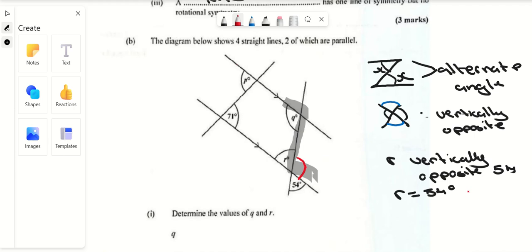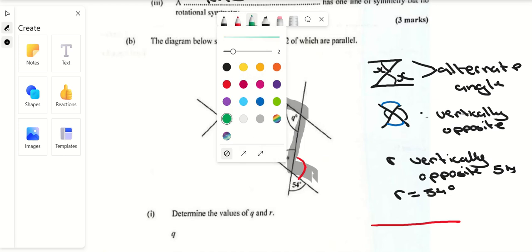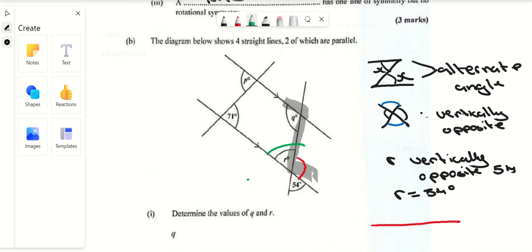Now, the next thing you should recognize is that if it's a straight line, this entire thing that is in green, I'll be drawing just now, this entire thing that is in green here is on a straight line, and that is equal to 180. So it is safe to say that we'll call this side Q, because it is Q. 54, which is R, plus Q would be equal to 180.